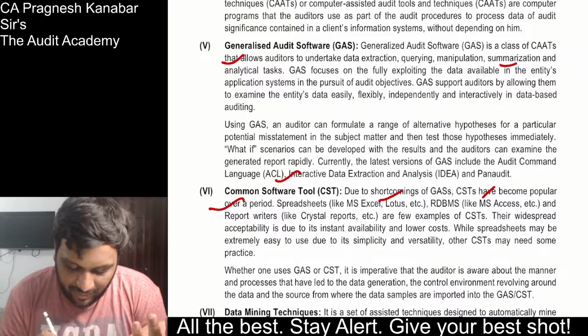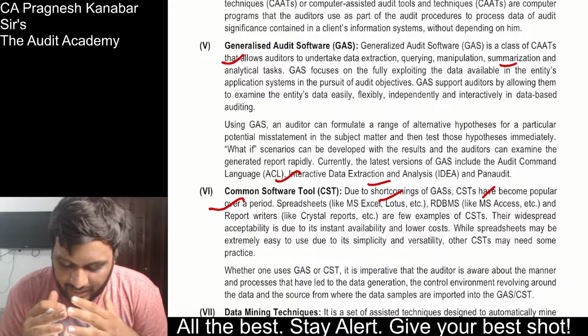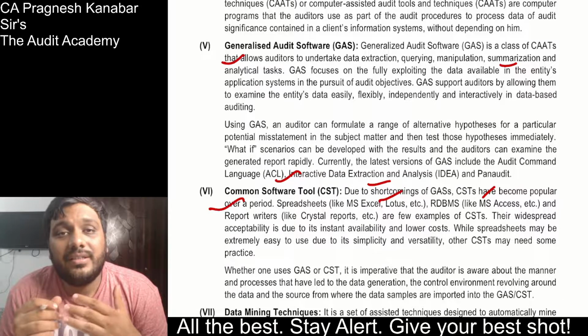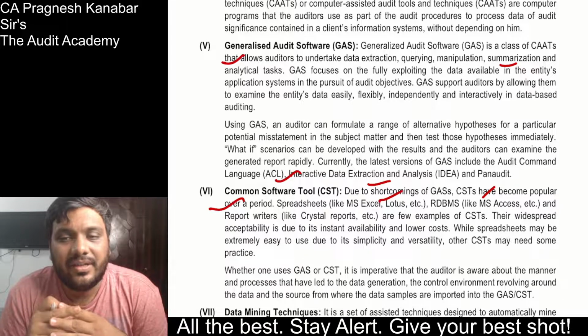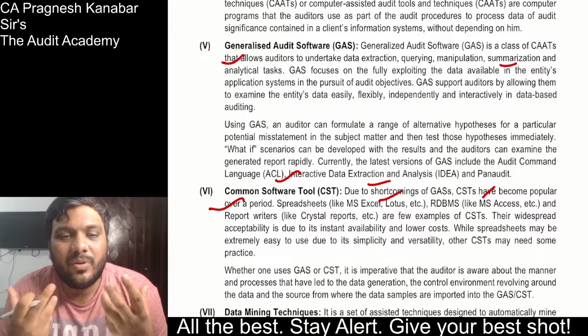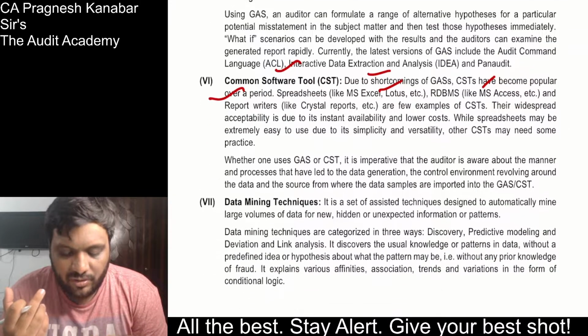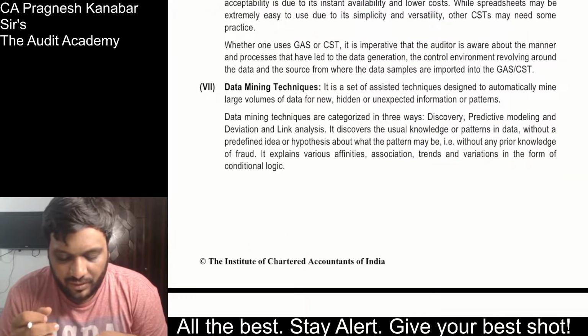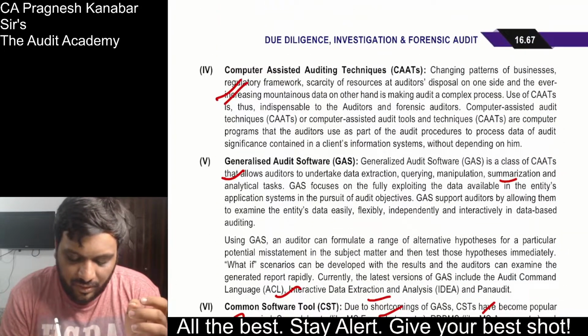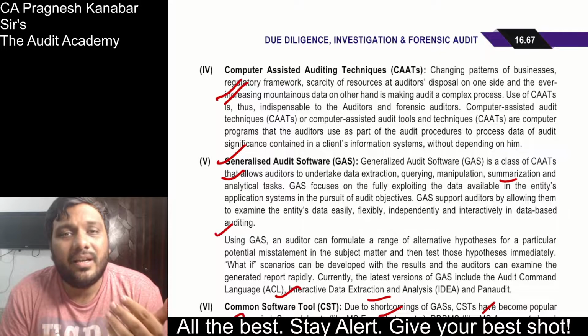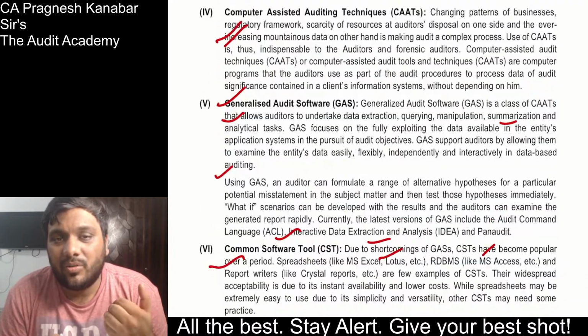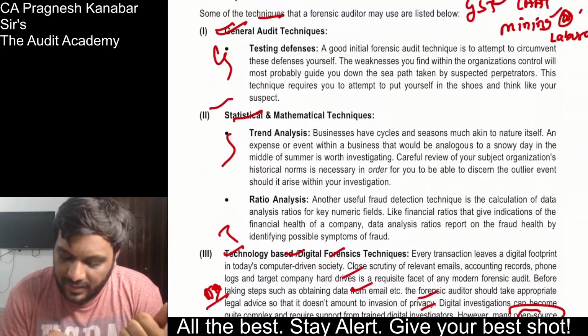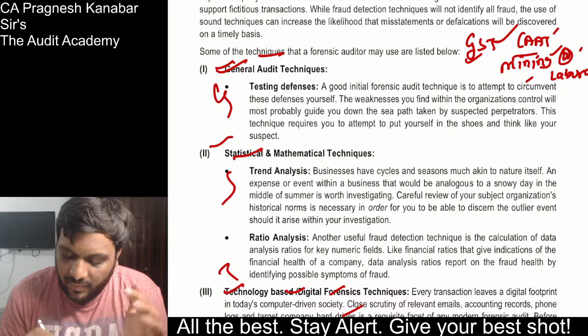I can give you the example of ACL and interactive data extraction analysis. These audit command language and interactive data extraction analysis software help you in performing audit tasks. Common software tools like MS Excel are used for analysis, correct? Since I have already used computer assisted audit techniques, these points can come up along with it. That is why I did not give a separate code word for these points. That is why I say GST, CAT, mining, at laboratory.